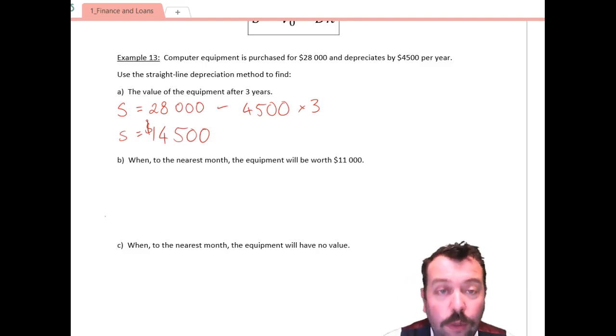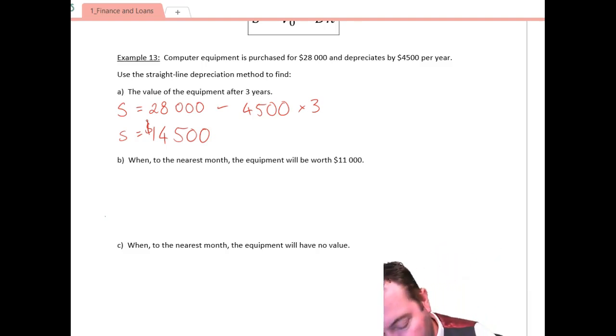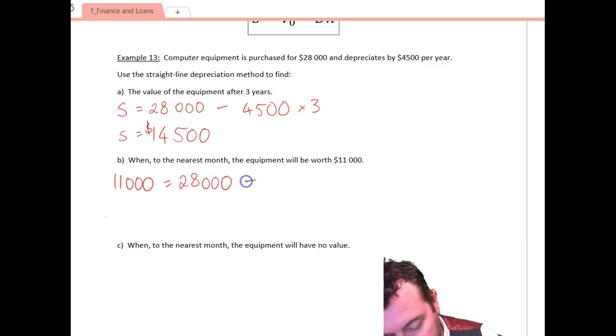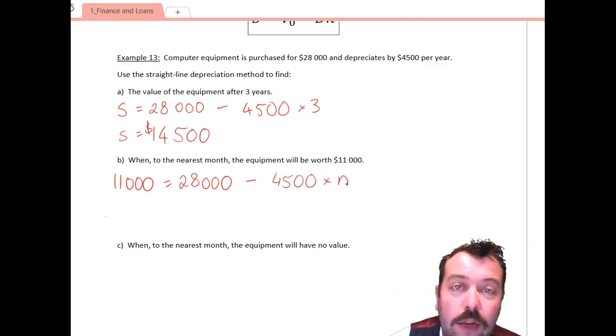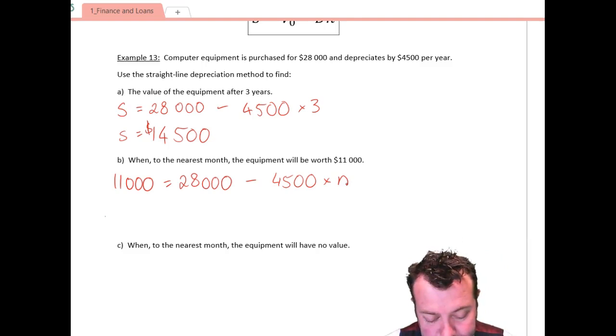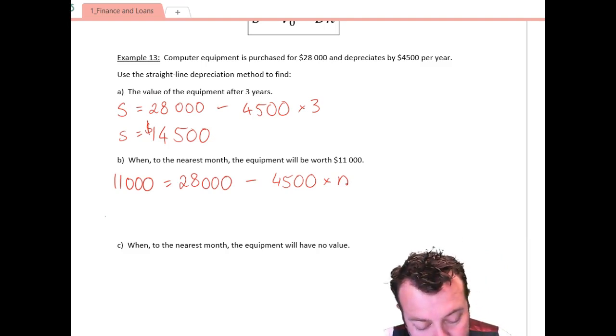The next part: when, to the nearest month, will the equipment be worth $11,000? In this case, we know the salvage value, so my salvage value is 11,000. I'm going to say 11,000 is equal to my initial value, 28,000, minus my depreciation, 4,500, times n. I don't know exactly what n is at this stage, so I have an equation to solve.